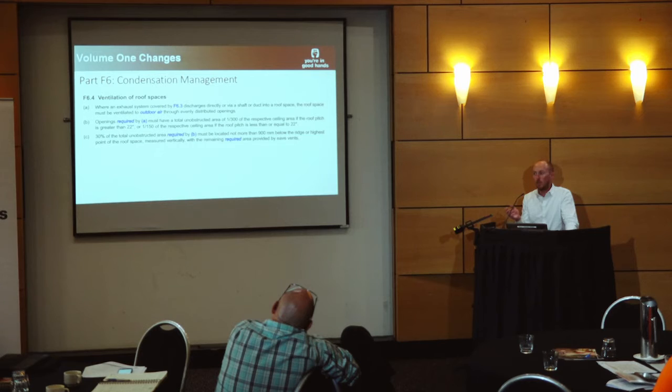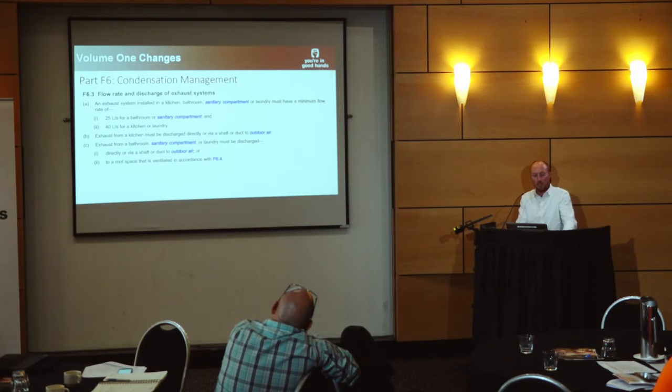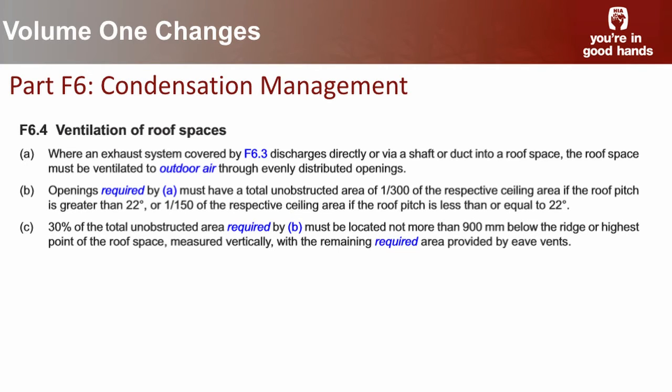One thing I didn't mention this morning, which I probably should have, so apologies, is that even if you do have an openable window within that room, say in your bathroom or your sanitary compartment, if you then put in an exhaust fan there, that would need to be ducted.